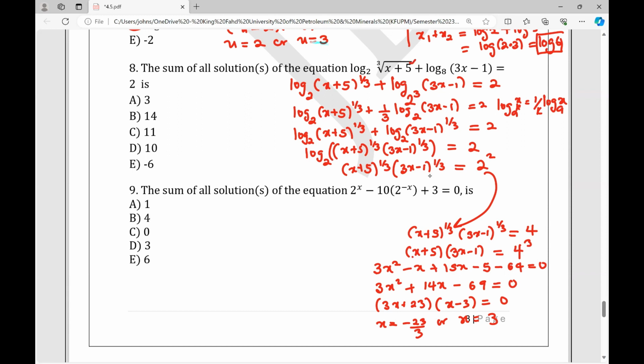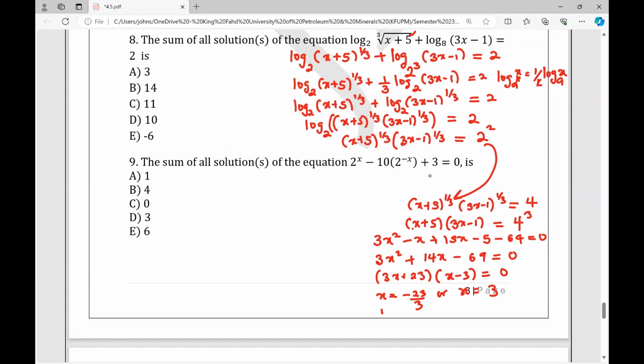You substitute 3 here, it's still going to be positive. But if you substitute minus 23 over 3 into this part here, you will have a problem because you'll have a negative number. So for that reason, we have to reject this one. So this is the only answer, x is equal to 3.